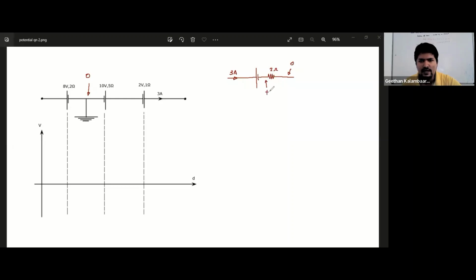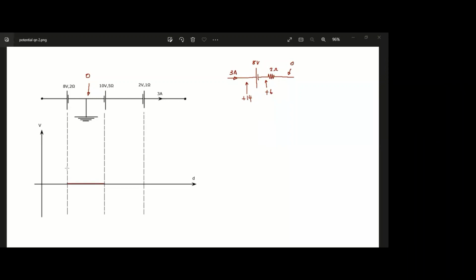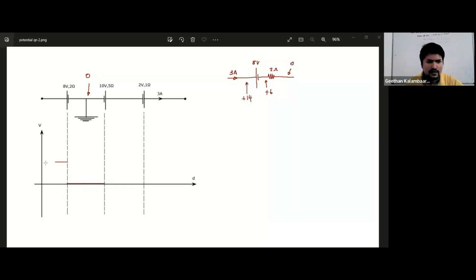So this has to be 6 volts higher than the other terminal, because current goes from higher to lower. And it's an 8 volt battery, so it has to get increased by another 8. So it's plus 14. It immediately increases to plus 14.